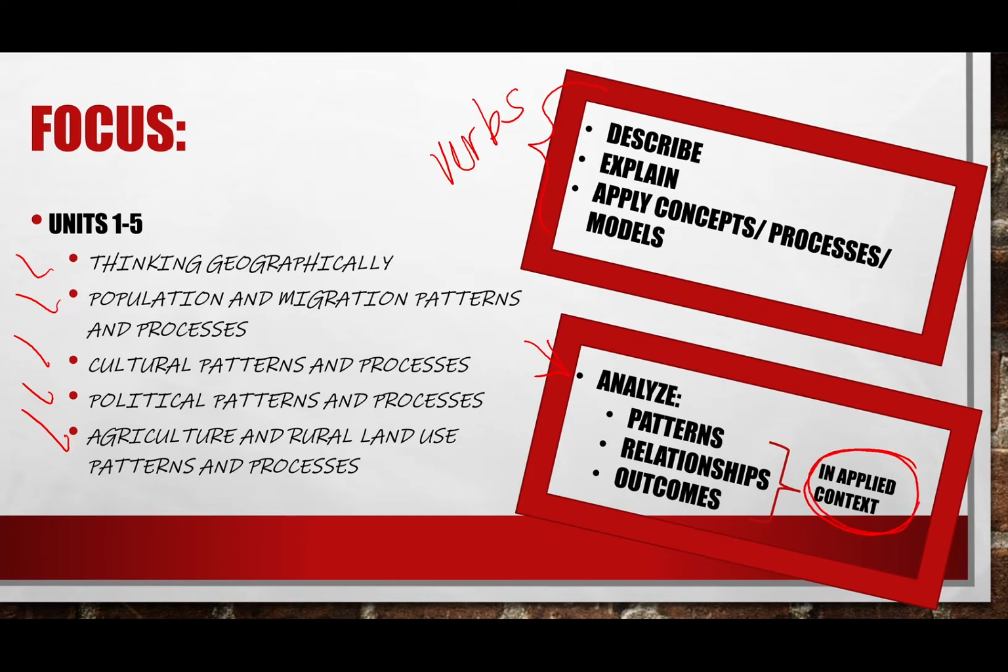When we say an applied context, we mean a specific case. Or they'll give you something like, well, in Spain, which is the oldest country, you have a situation where there are fewer and fewer schools that are staying afloat in Spain.